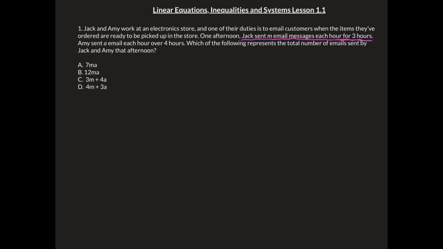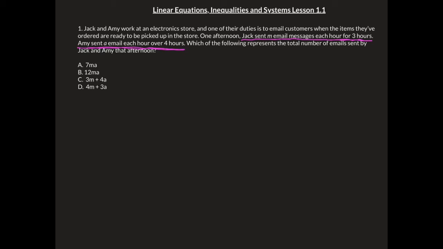Next, the third sentence is Amy sent A emails each hour over 4 hours. That's equally important because it's telling us how many emails Amy sent, right? So let's underline that. And now our last sentence is, which of the following represents the total number of emails sent by Jack and Amy that afternoon? So this would be our question.